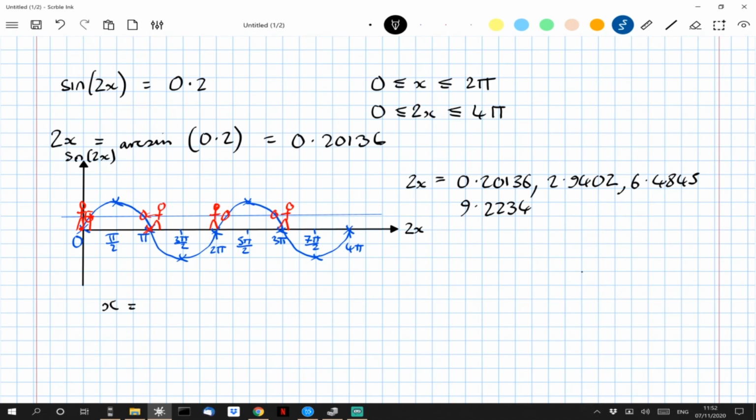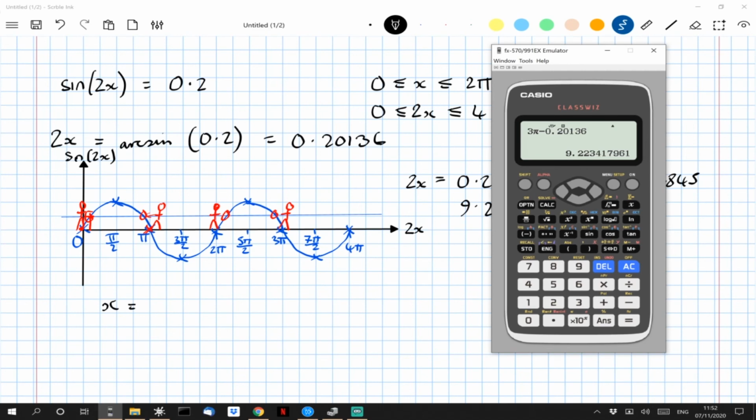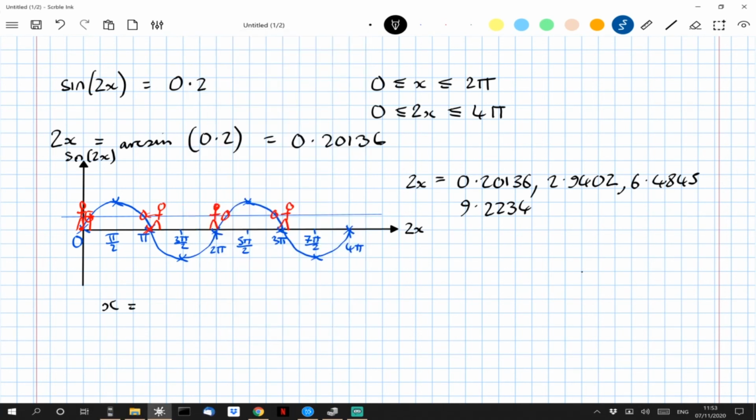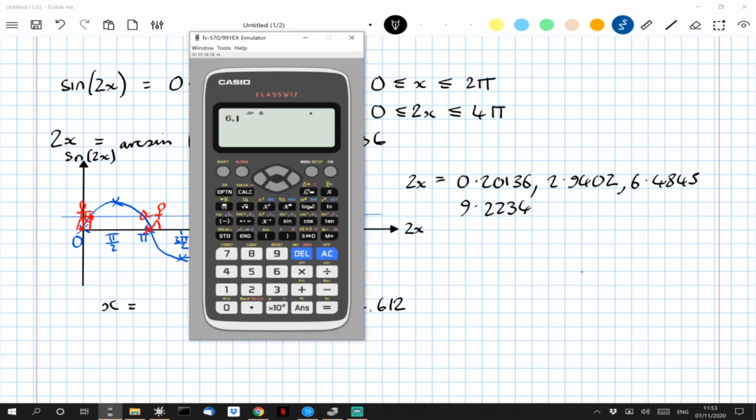We need to divide them all by 2 now and give them an appropriate degree of significant figures, which I think is going to be, I'm going to use 4 significant figures. Most examples like at least 3, so I'm going to use 4. So divide that by 2. It's in the calculator, so I might as well get 4.612. So 4.612 is the final. Working backwards, let's do 6.4845 divided by 2. 3.242.